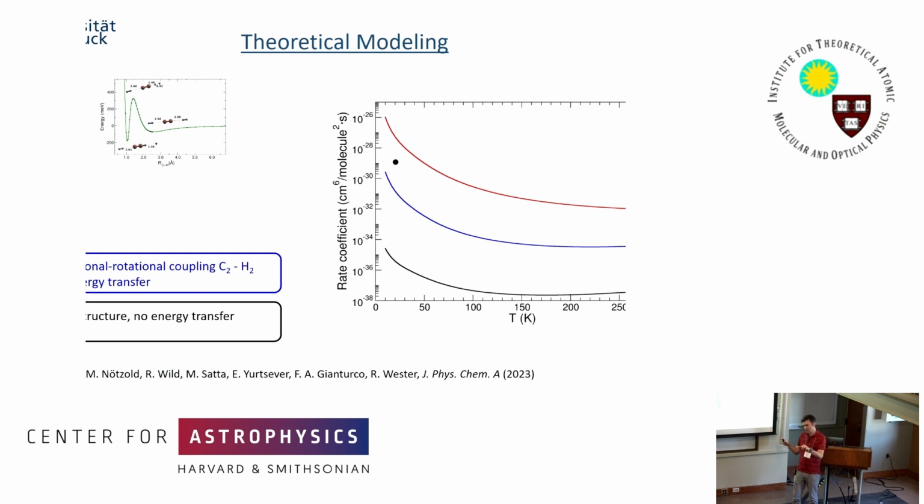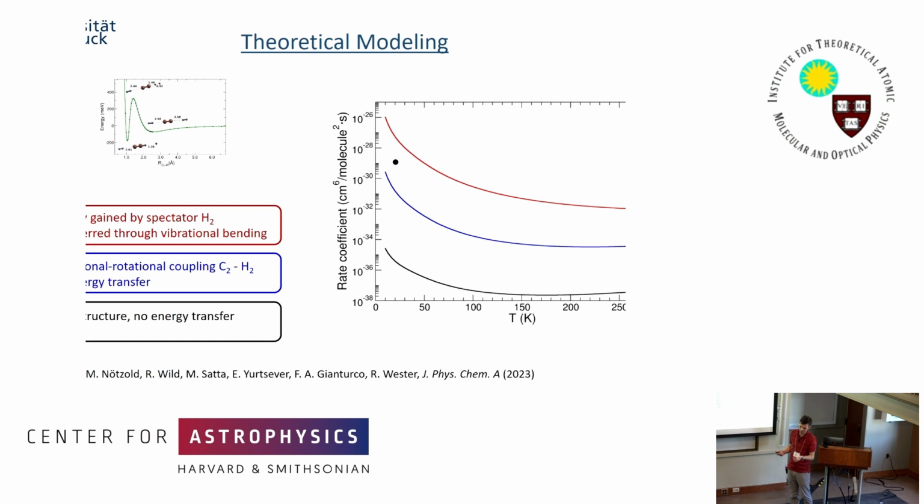But if you say, okay, this spectator H2, which gains energy by falling into this little well, if that energy is transferred to the other side, or to the system, if you take 100% of that energy to transfer it, then you get this red curve, which is actually significantly above our reaction rates.